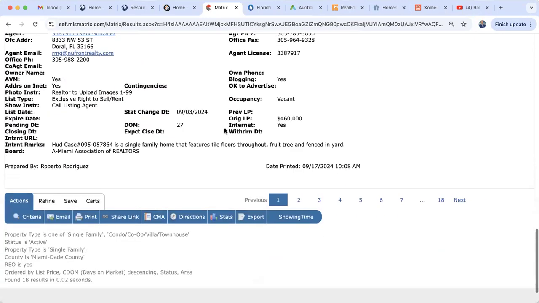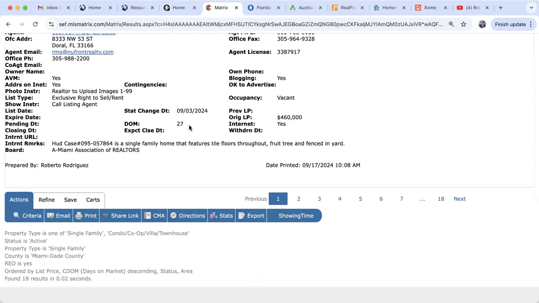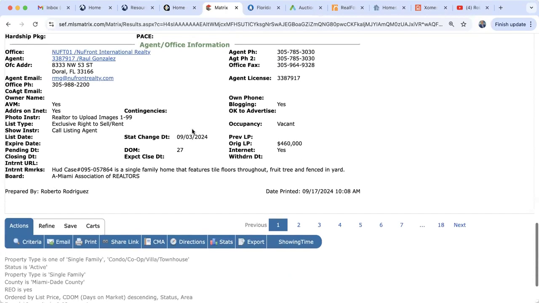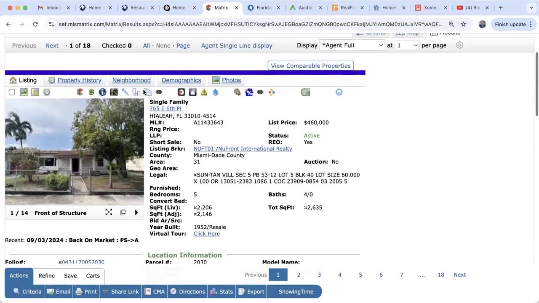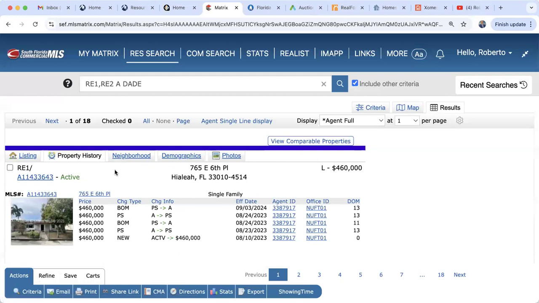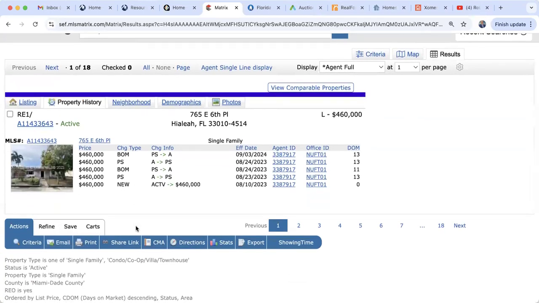All right. So here we're looking at this property being on the market now 27 days. It is, of course, vacant. And here is the realtor who's listing the property. My next step is to truly check the property history. So up here, you're going to see property history, and you're going to see that this property came on the market back in 2023 and went pending and went back on active and went pending and then back on active.